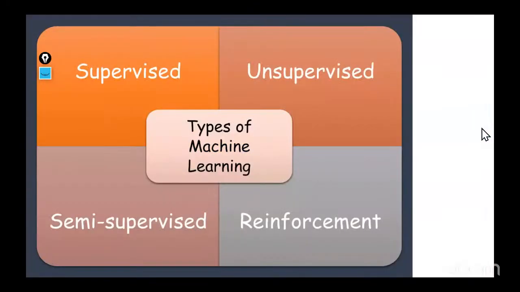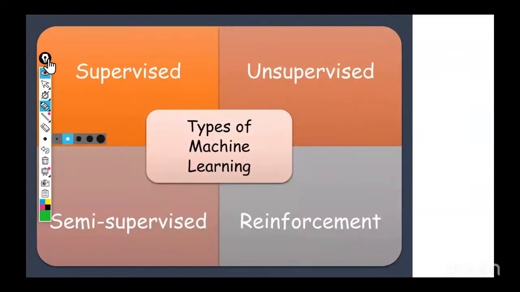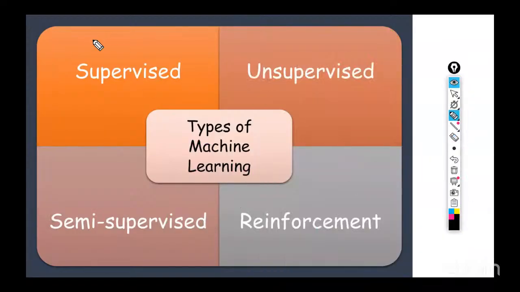Next, there are different types of machine learning. I think you already know this. We have supervised, unsupervised, semi-supervised, as well as reinforcement learning. Now, we'll come to these types of machine learning.